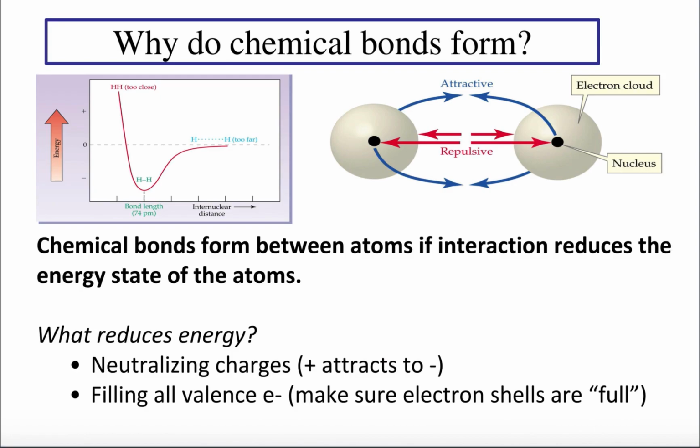Okay, so why do chemical bonds form? Well, I explained. Remember that guiding principle. Atoms want to fill their valence electron shells, and if their valence electron shells are full, then any resulting charges they have, they also want to neutralize. They want their positives to be hanging out with the minus. The reason why is that having a full shell or having your positives interacting with the minus reduces the amount of energy in the atom that it needs to maintain its state.